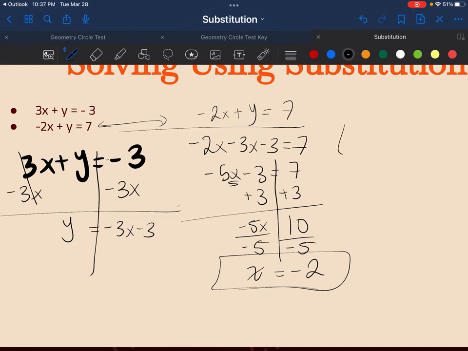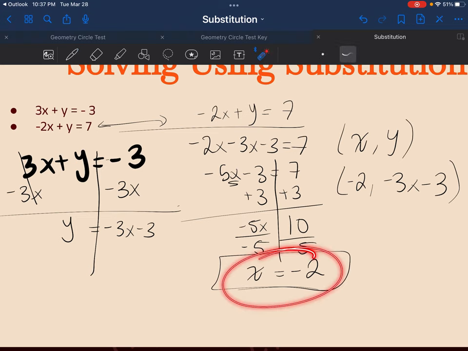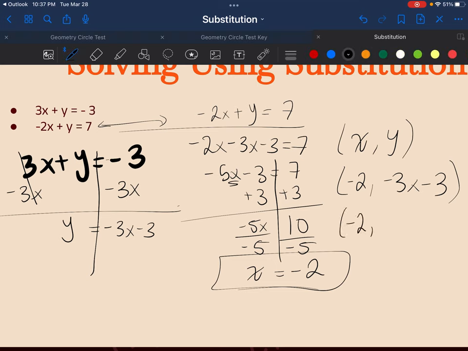Awesome. So now we have to put it in our answer. So there's going to be an x and a y. We know our x is -2. And we know our y is going to be -3x minus 3. I'm just going to rewrite that. We know that x is -2. So all we have to do is plug it in for every x we see.